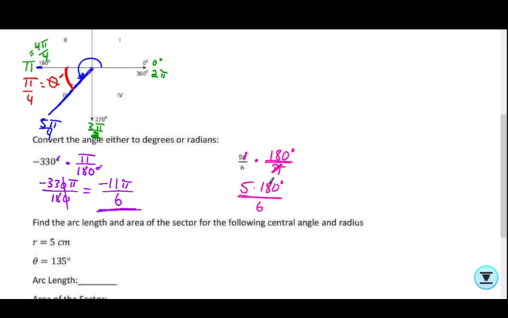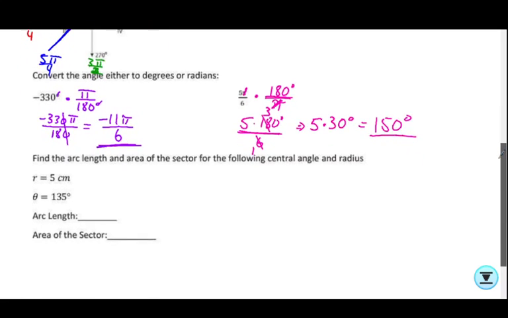Now, 180 is divisible by 6. 6 divided by 6 is 1. 18 divided by 6 is 3. So basically, we end up with 5 times 30 degrees. And 5 times 30 degrees is 150 degrees. So 5 pi over 6 is the same thing as 150 degrees. Okay? Easy. Hardest part about that is just reducing the fractions.